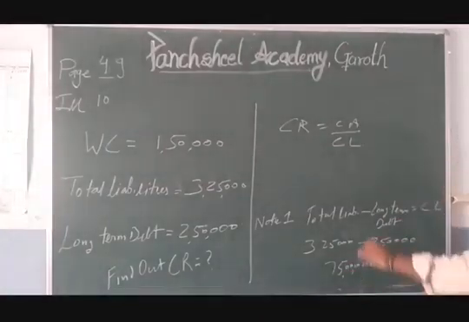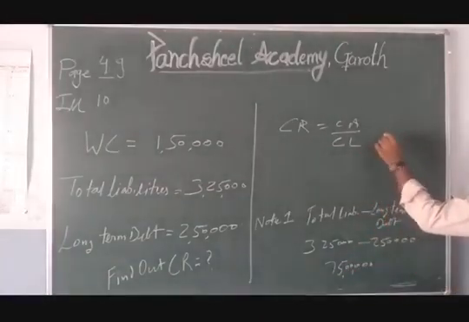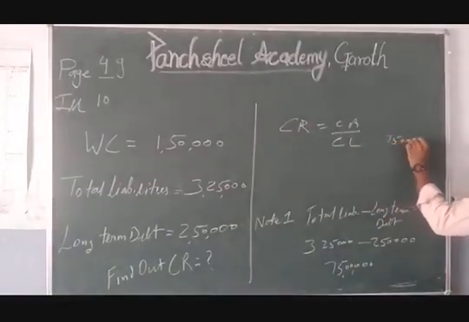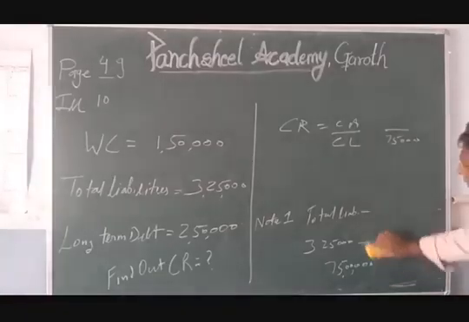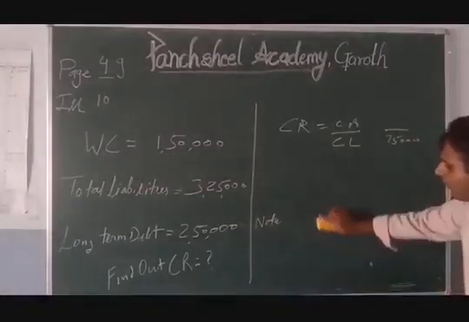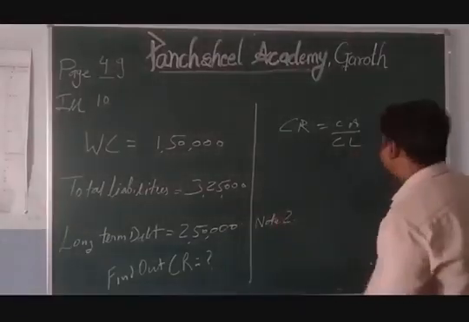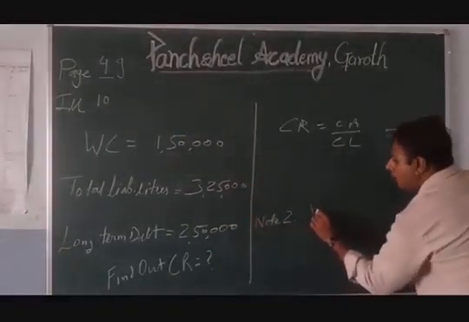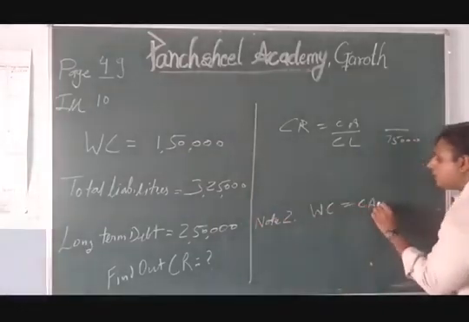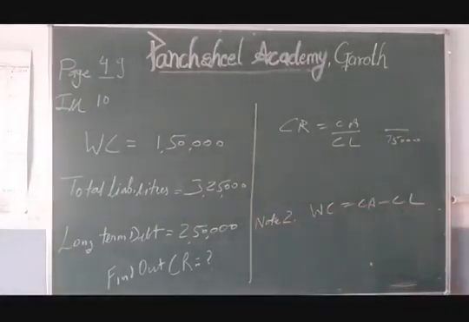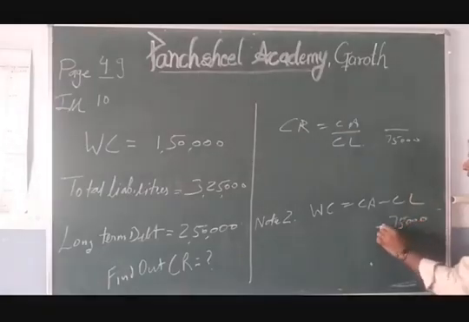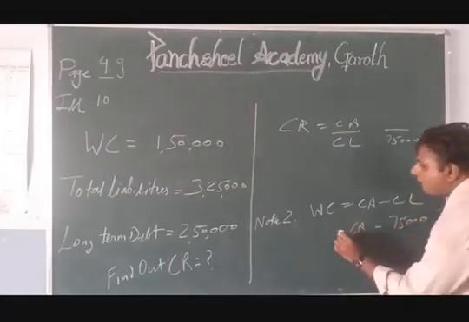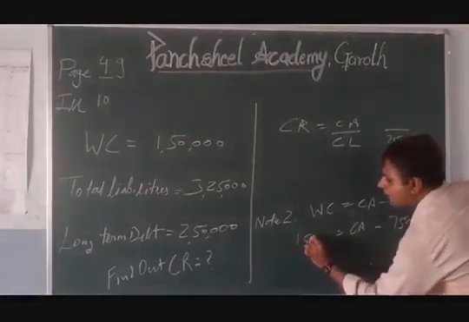Okay. So here I am writing current liability 75,000. Now working capital says working capital is equal to current asset minus current liability. So we have the current liability 75,000 here. We don't have the current asset. Working capital is given as 1,50,000.